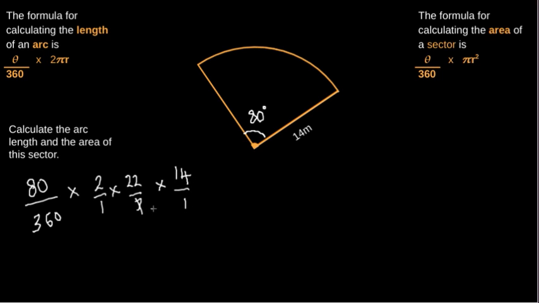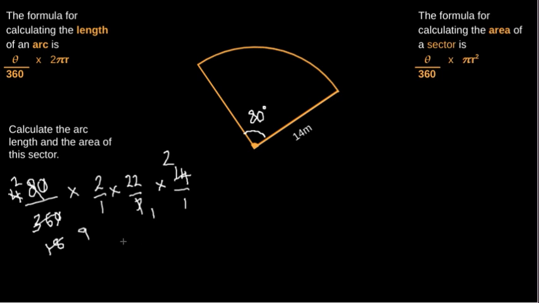So 7 here, 1, 7 and 14, 2. This would cancel this. Let's see. 2 here, 4. 2 here, 18. 2 can still go. 2 here, 2. 2 here, 9. And we're good.